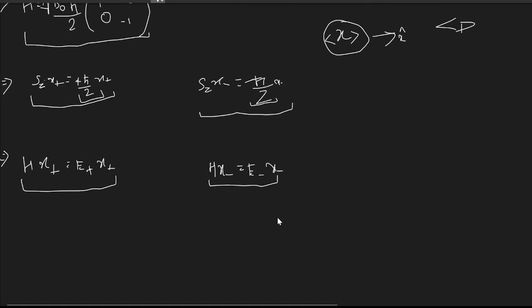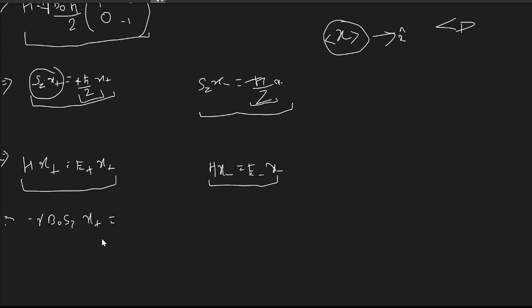How are you going to calculate it? It's quite easy. Let's see here. If you apply the Hamiltonian operator, which in our case is negative gamma B naught Sz, to the x plus state, you have to see this particular result. When you apply the Sz operator to our spin up state, you will get positive h bar by 2.